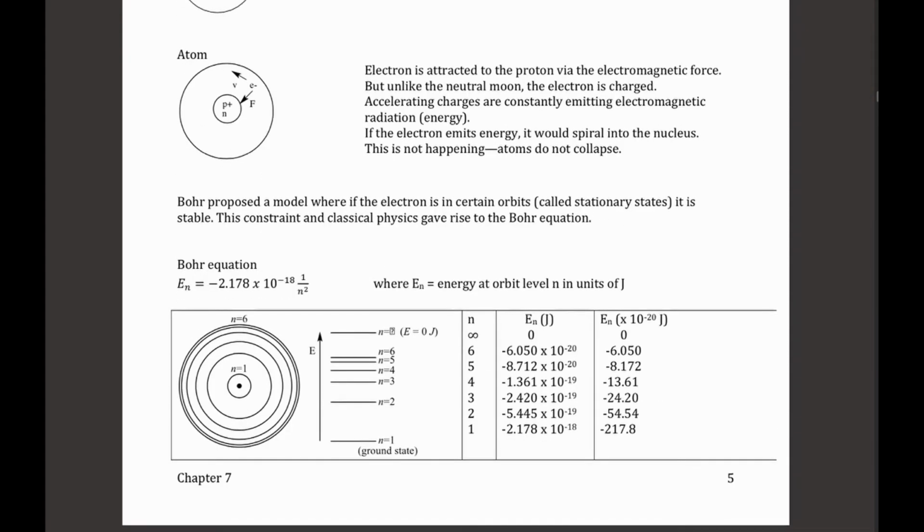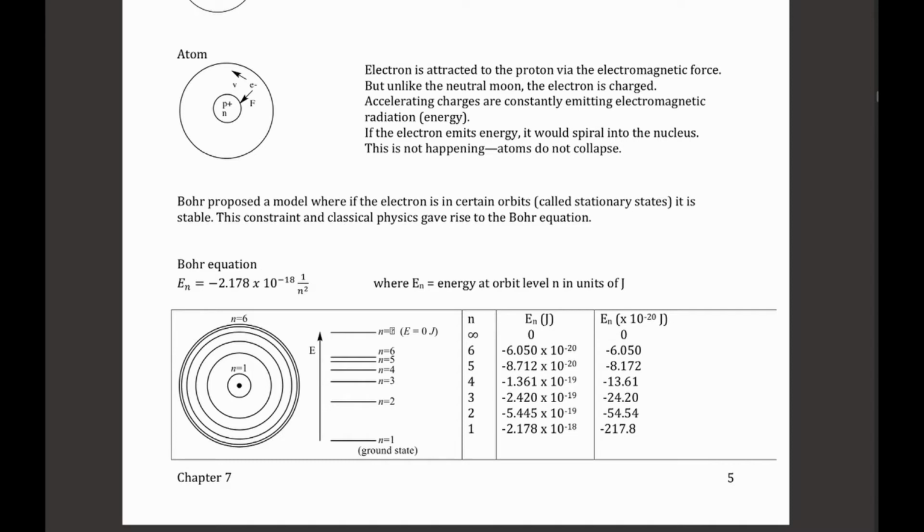And this is the Bohr equation here, where the energy of the electron in a particular orbit given by the symbol n, where n can be 1 and 2 and 3 and 4 and so on, is equal to negative 2.178 times 10 to the minus 18, times 1 over n squared, where E sub n is the energy at the orbit level n in units of joules.